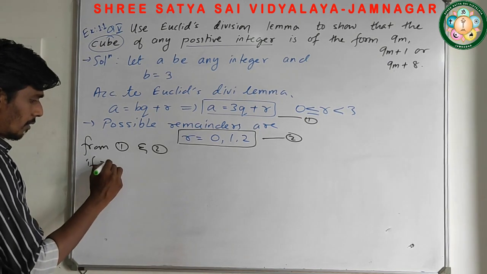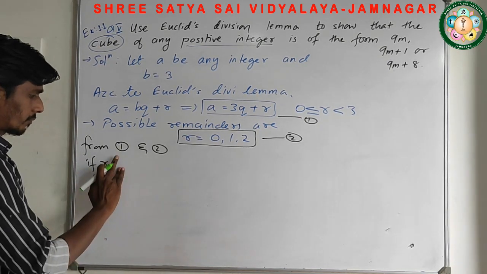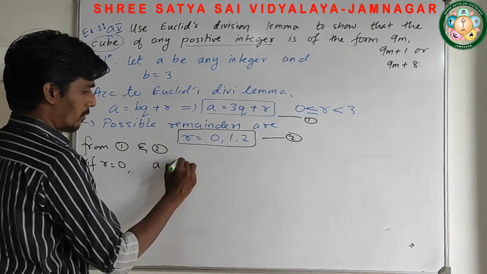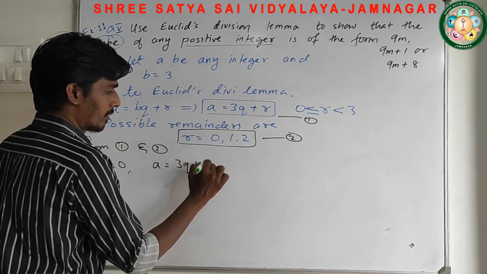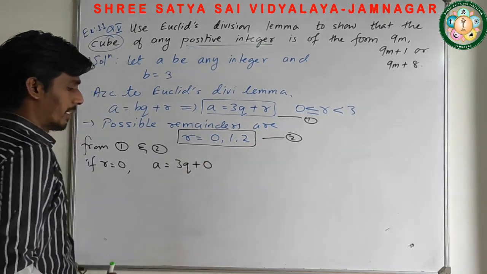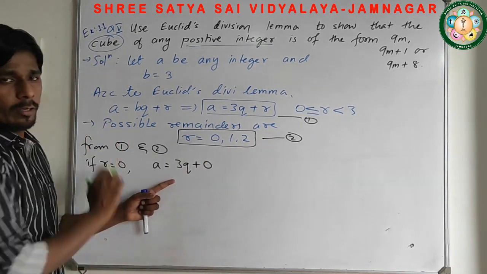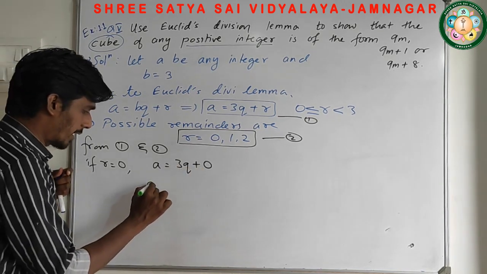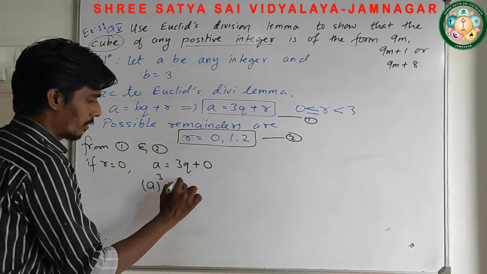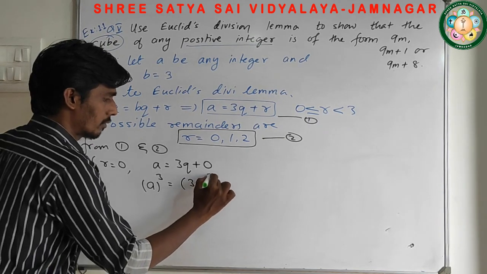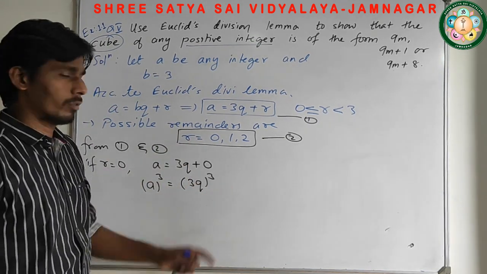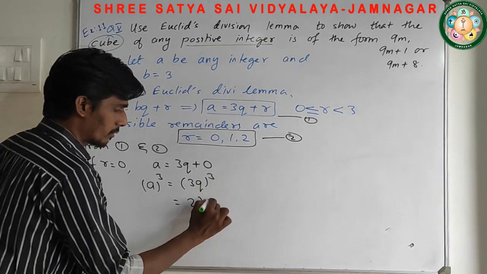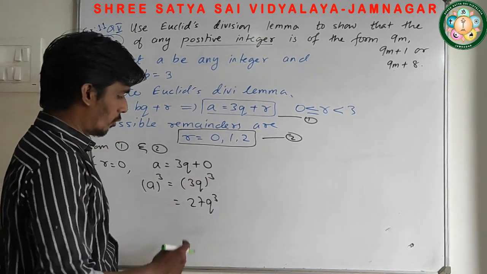If R equals 0, then A equals 3Q plus R. R की जगह क्या आएगा? 0. Now as per the question I want the cube of an integer, so cubing both sides, तो क्या हो जाएगा? A cube equals 3Q cube. So this is 27Q cube.